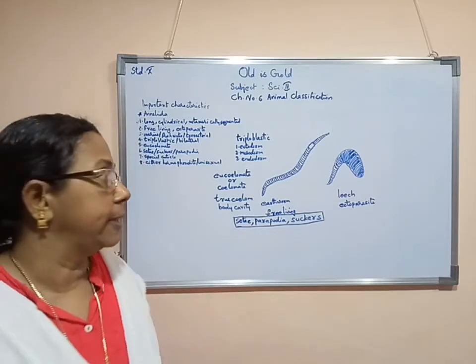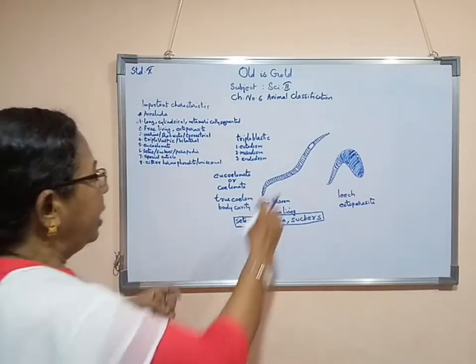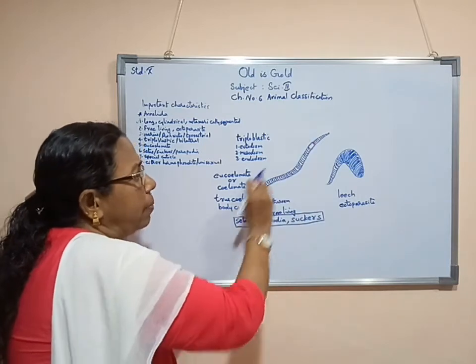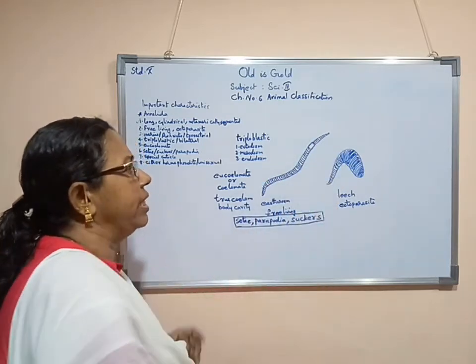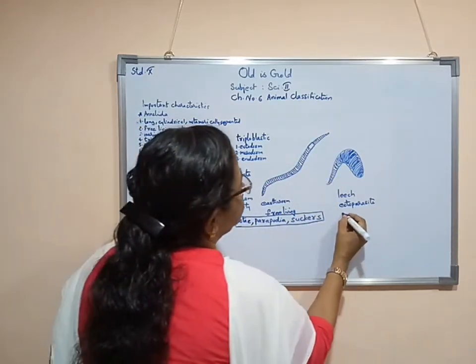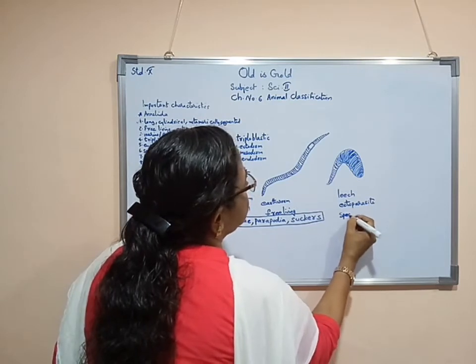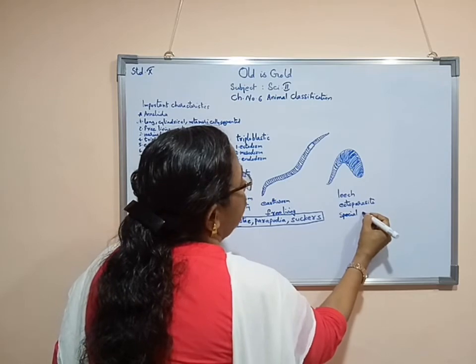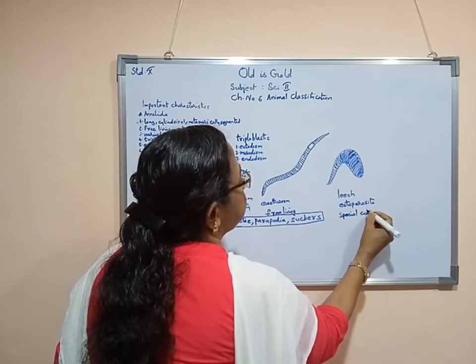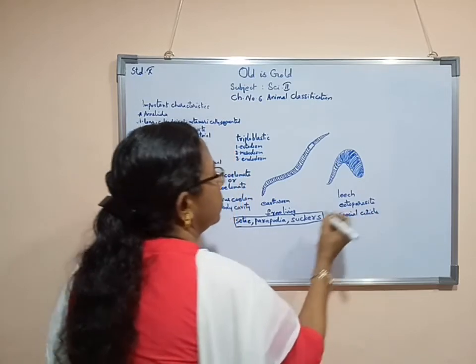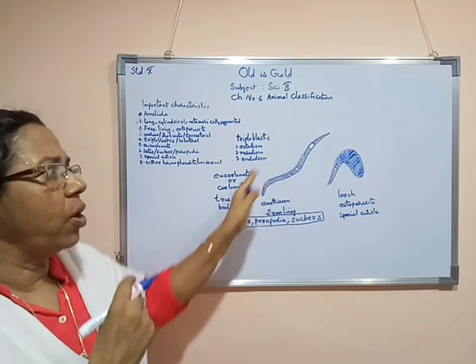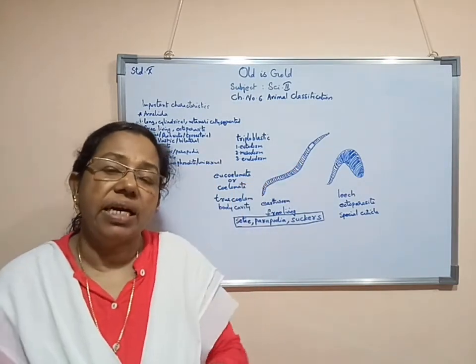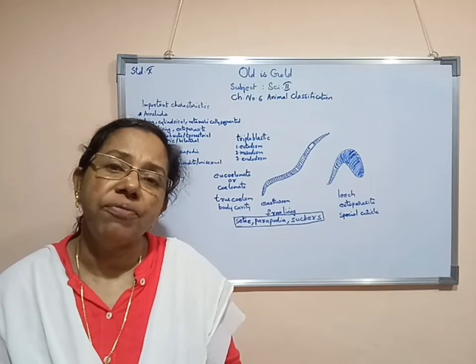Then the outer surface of their body is made with the help of a special cuticle. A special structure, that is special cuticle. So outside of their body is covered with a special type of cuticle.